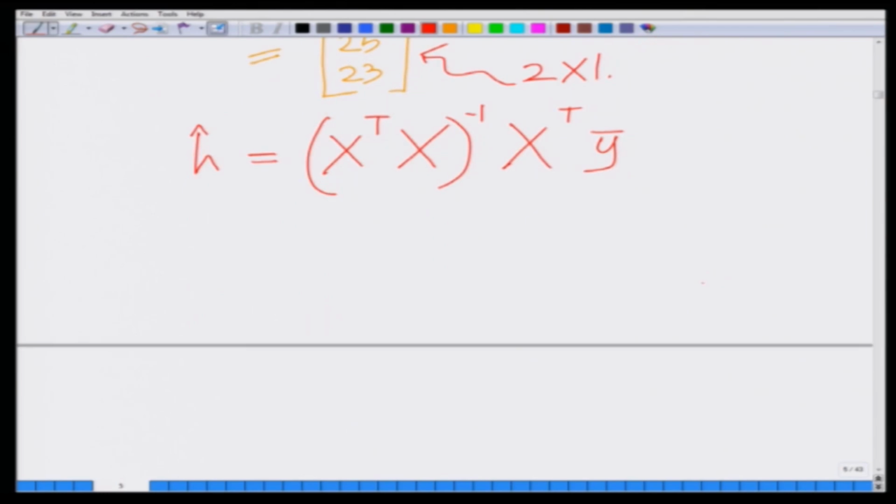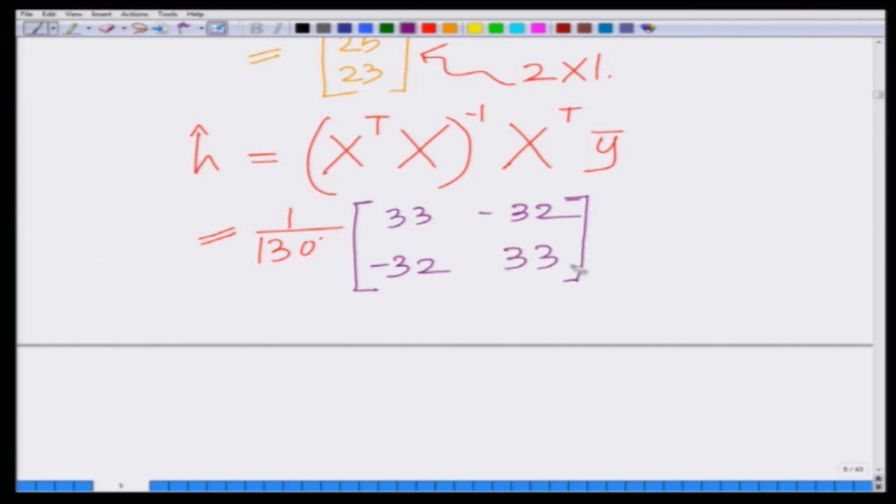Remember, this is your maximum likelihood estimate, which is equal to, substituting for x transpose x inverse, 1 over 130 times the matrix [33, -32; -32, 33] times the vector y bar, which is [25, 20, 23].